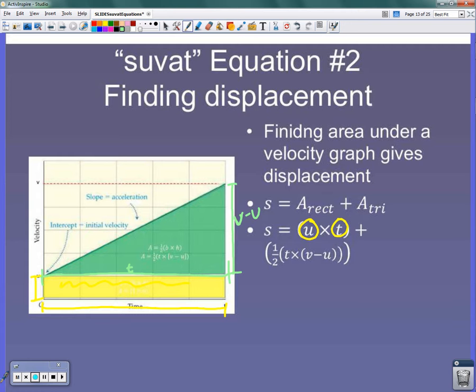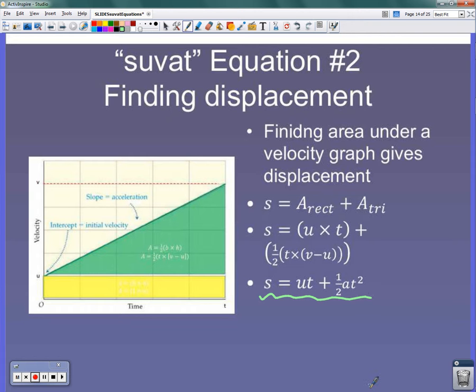So t times (v minus u), and then 1/2, because that's how we calculate the area of a triangle. Again, I'm not going to hold you responsible for this, but we do a little algebra, and we end up with this expression: s = ut + 1/2 at squared.